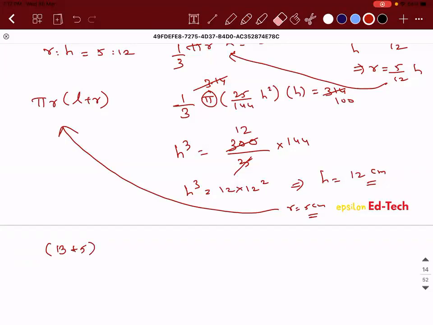Is there any doubt? 5 pi into 13 plus 5 centimeter is going to give you the answer. This value comes out to be 282.6 centimeters square. Okay. Moving on to the next problem.